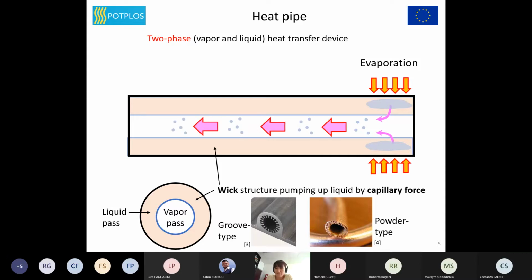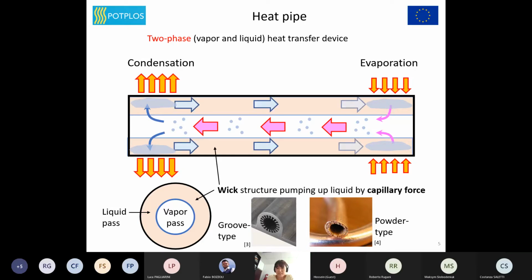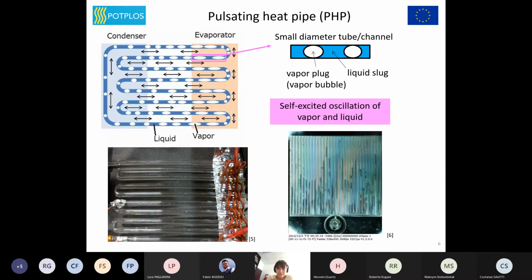Then the vapor condenses into liquid. The liquid moves to the heating side by capillary force. The inner wall of the heat pipe has a wick structure, such as grooves or powder, which can pump up the liquid. The heat pipe was invented more than 50 years ago.